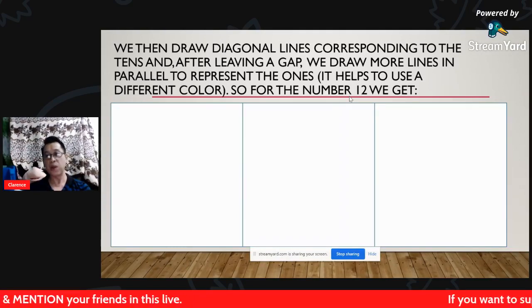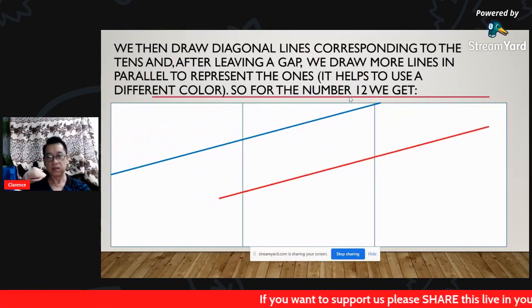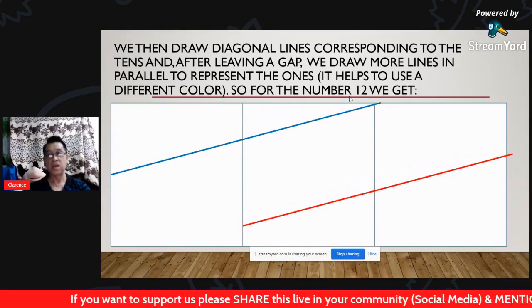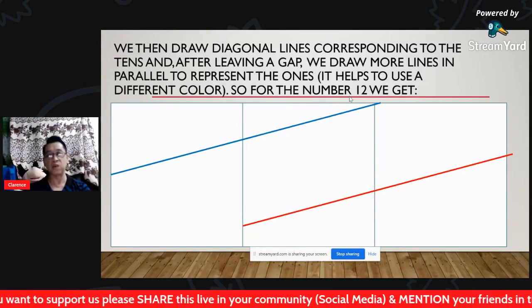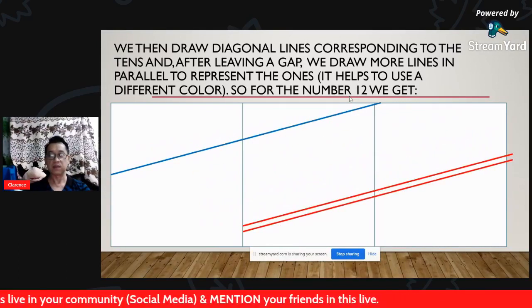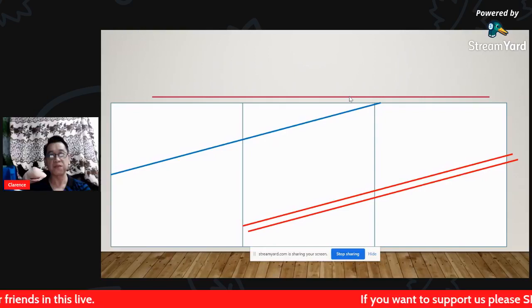So for the number 12, for our example, we're going to use two colors, the blue ones and the red one. So we're done with 12.